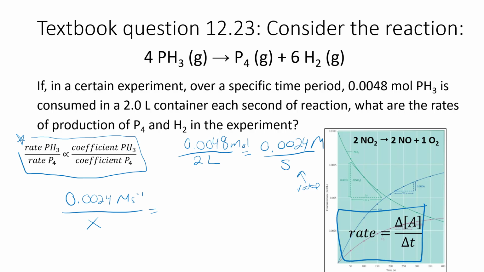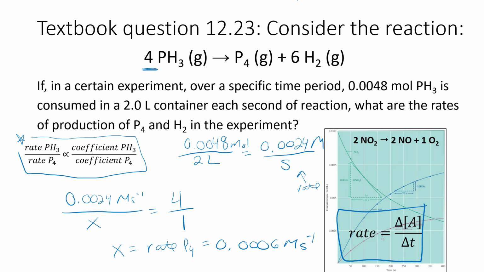And then we'll set it equal to my coefficient of PH3, which is 4, over my coefficient of P4, which is 1. And so if I perform some algebra and solve for x, I'm going to end up with my rate of P4, which is what my x is equal to, equals 0.0006 molarity per second.